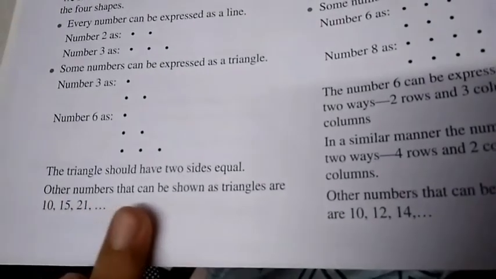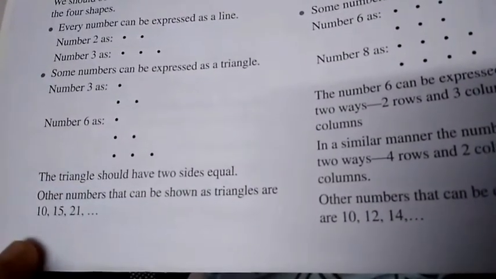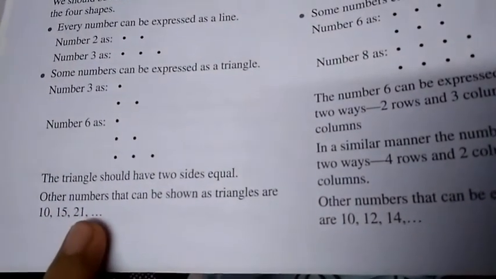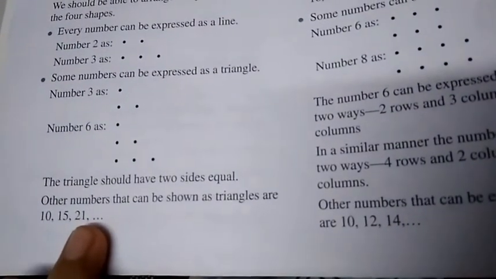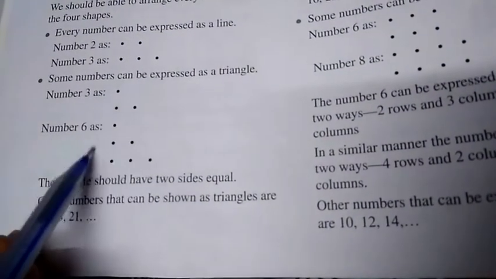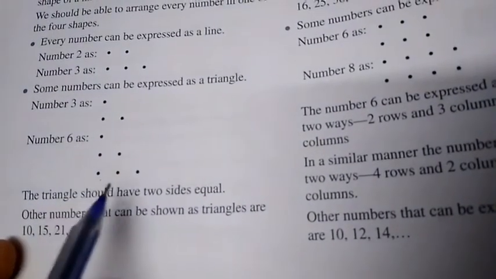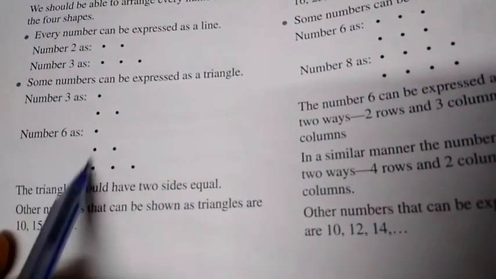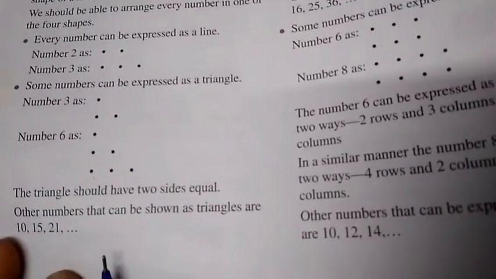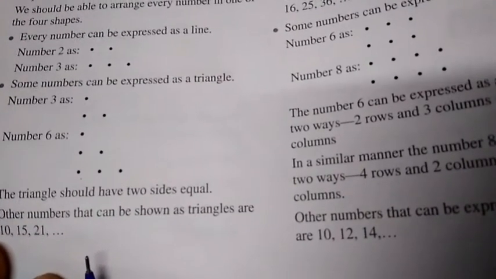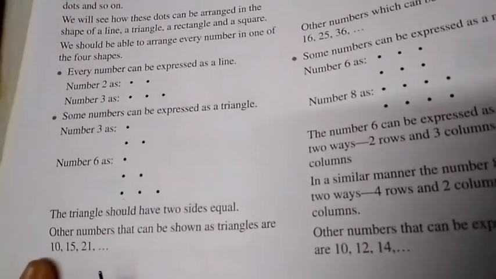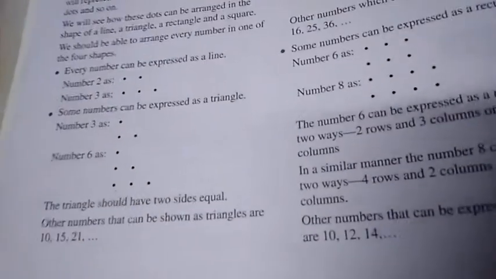So other numbers that can be shown as triangles are 10, 15, 21. This way you can show. Okay, so you can increase the dots, and you have to make 2 sides equal. If 2 sides are equal, then only you can show it as this pattern.